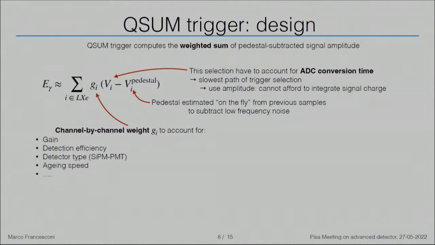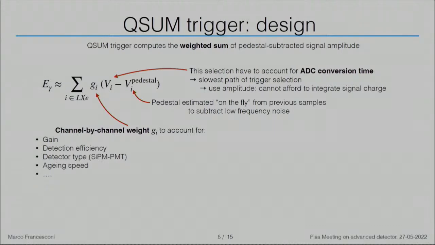First of all, the QSUM trigger. Essentially, we do the weighted sum of all of the channels from the xenon. We start from the ADC samples, and we subtract the pedestal, which is estimated on the fly. After that, we apply a channel by channel weight to account for different gain, detection efficiency, and type of the detector.